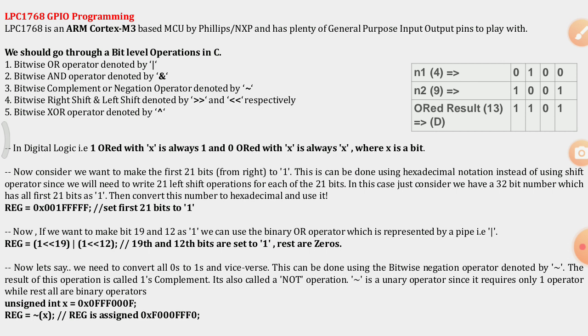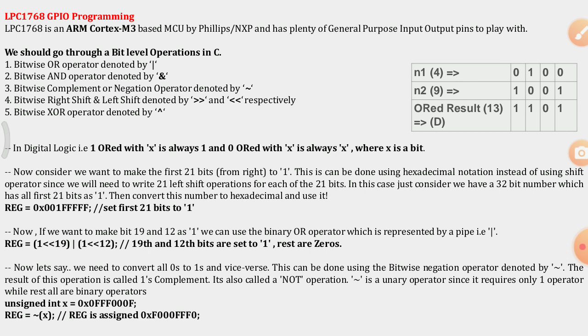Now if we want to set different random bits, say the 19th bit and 12th bit, then by utilizing the OR operator along with this shift operator, we can set the 19th and 12th bit to be 1.